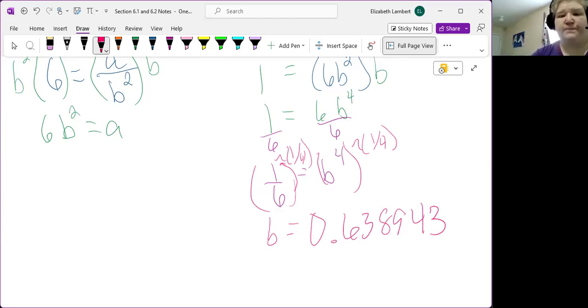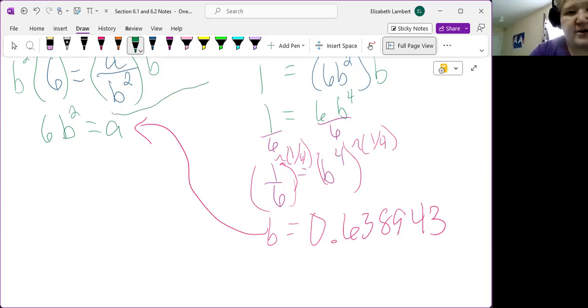So I have a b value. Remember when we made that substitution for a? That's where we go now with this. So I'm just going to mark in there. This went over here. Now we're coming back.